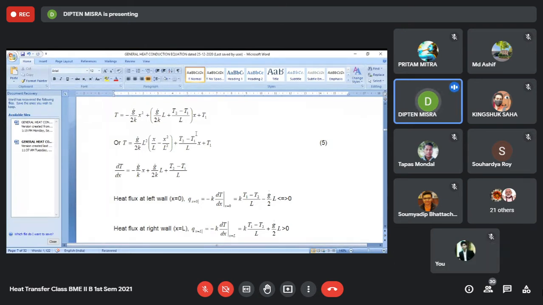There is one more thing I'd like to emphasize: here we can write T is a function of x, then we put a semicolon, and then we list the different parameters like g dot comma k comma L comma T1 and T2. So how do we express T? T is a function of x, then semicolon, then the list of parameters.